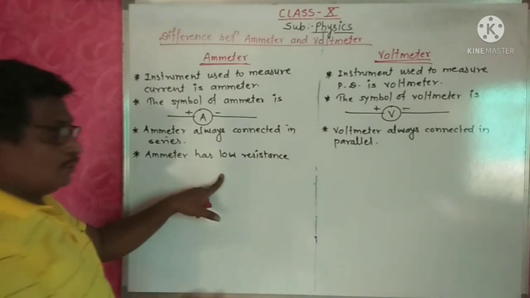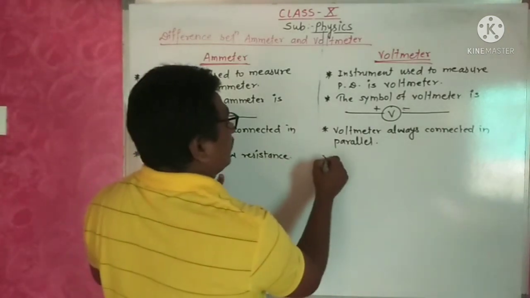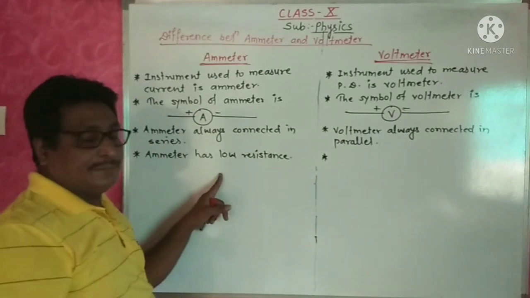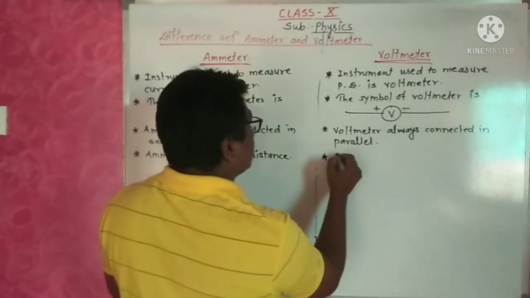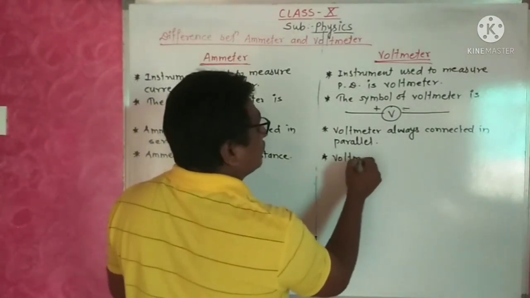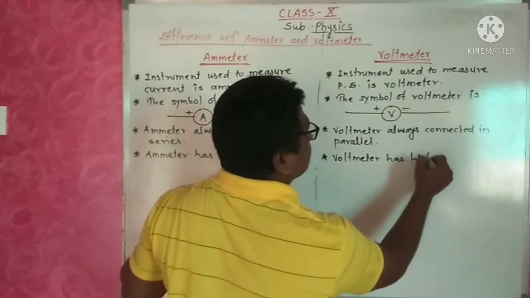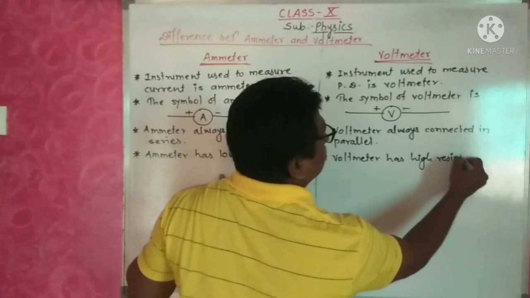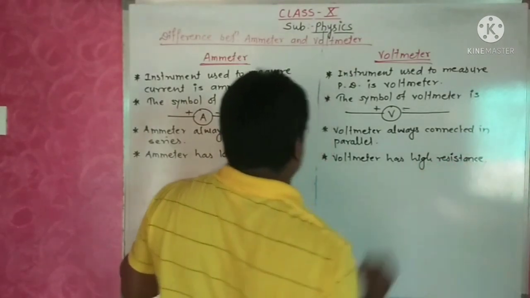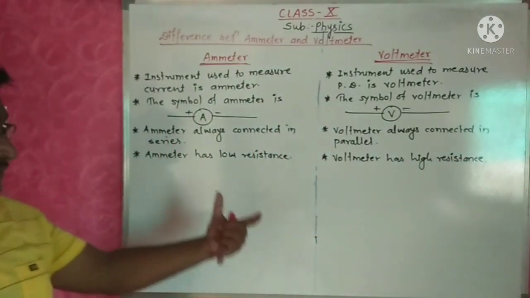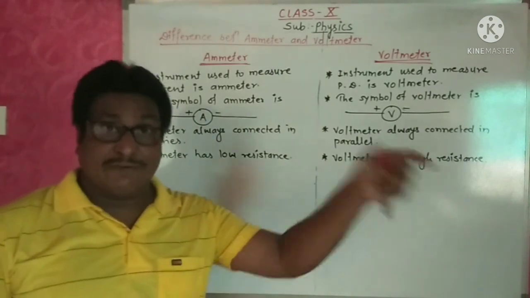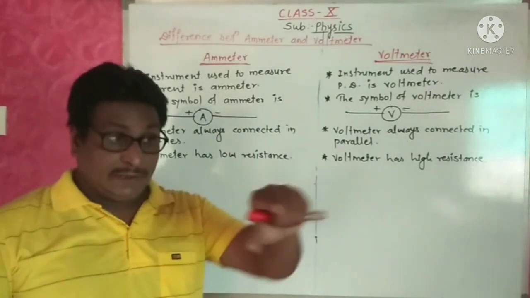And why is voltmeter connected in parallel? Because voltmeter has high resistance. This word resistance, the meaning of it will come in Ohm's law.